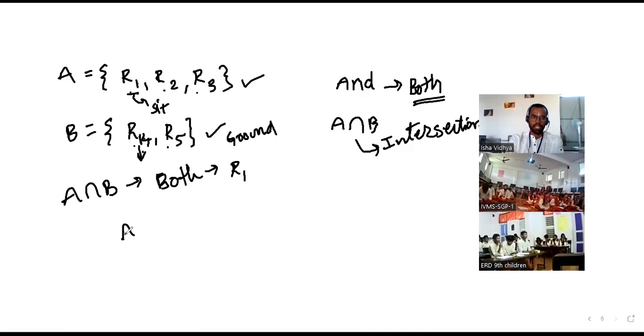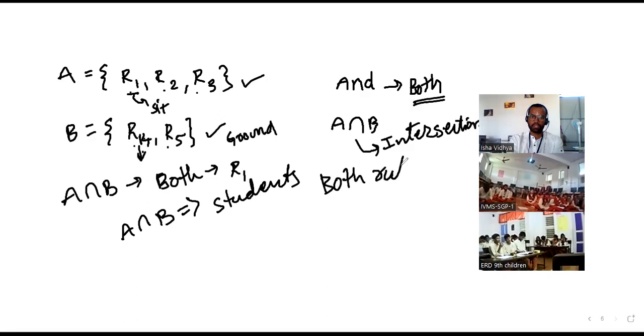Say for example, A intersection B. Here it means the students following both rules, or which is common to both in that sense. That means, is there any rule which belongs to A also, B also? When I give a mathematical example, it will be totally different.